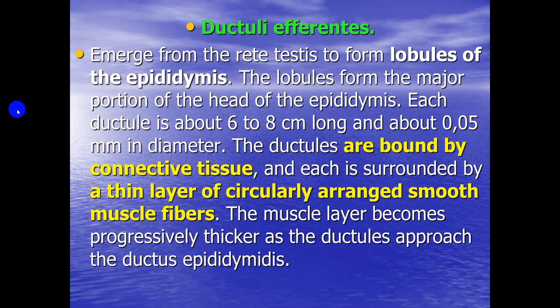Each ductule is about 6 to 8 centimeters long and about 0.05 millimeters in diameter. The ductules are bounded by connective tissue, and each is surrounded by a thin layer of circularly arranged smooth muscle fibers.